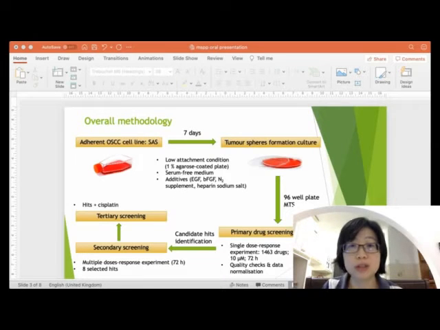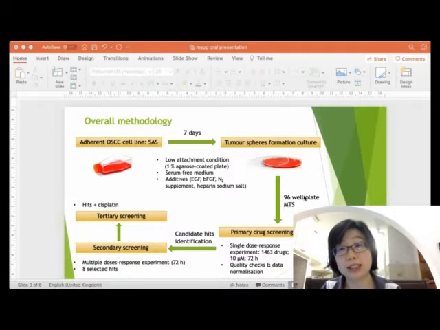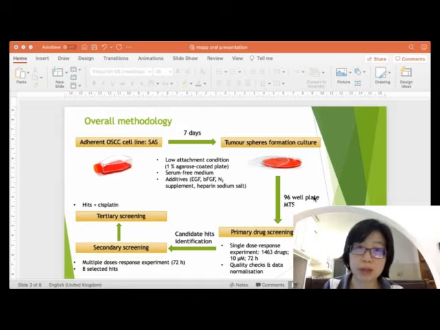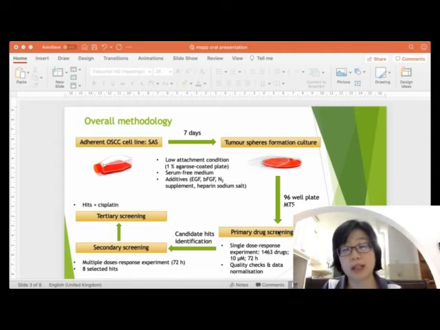The sufficient spherical tumors grown allow further subculturing into 96 well plates, which could then be used for the drug screening phases, as shown later, in primary, secondary, and tertiary screening, analyzed and tested using the MTS assay.